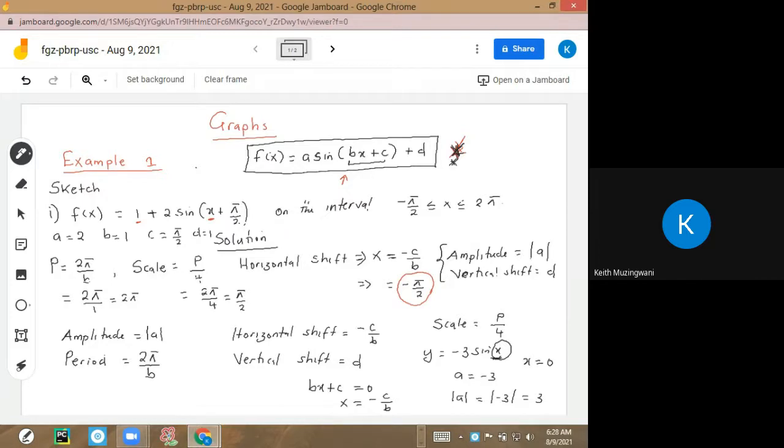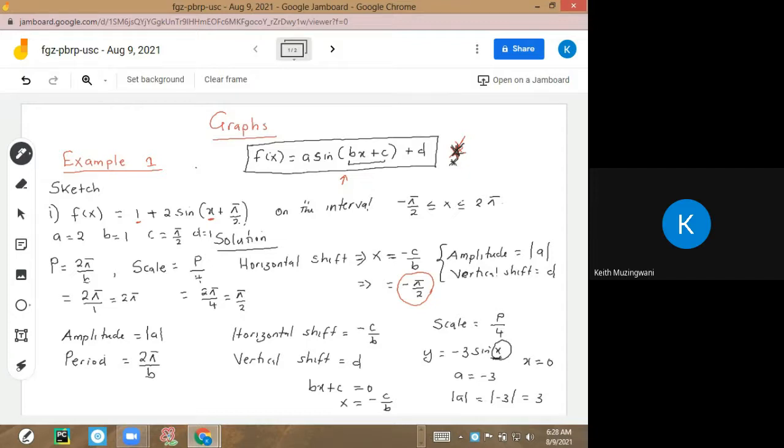So where we have 2 pi over b, we have 2 pi over 1, which is 2 pi. Where we have period over 4, it will be 2 pi over 4, which is pi over 2. Horizontal shift is negative c over b. Now c is pi over 2, so it starts by being negative.